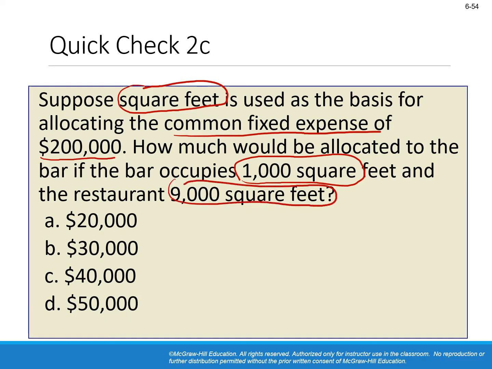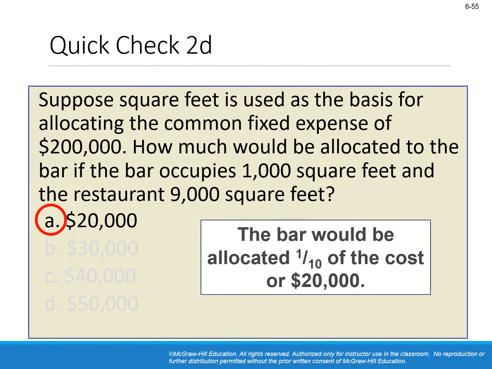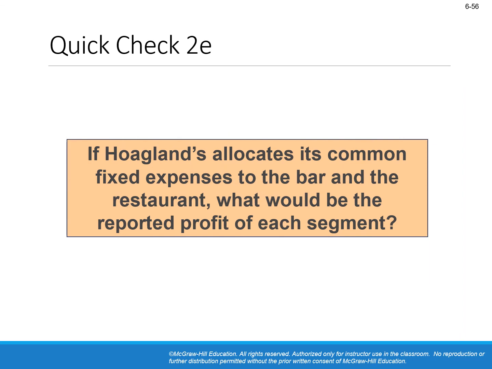So obviously here it's a total of 10,000 square feet. The bar has 1,000 and the restaurant has 9,000. So this is for the bar multiplied by the common fixed expense, 1/10 of the 200,000. So far it's logic and not accounting.